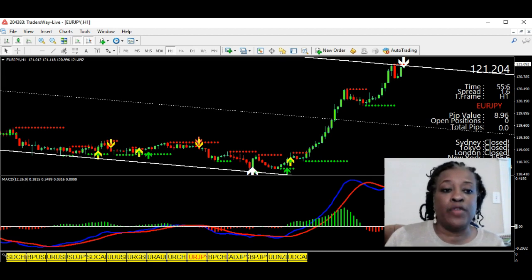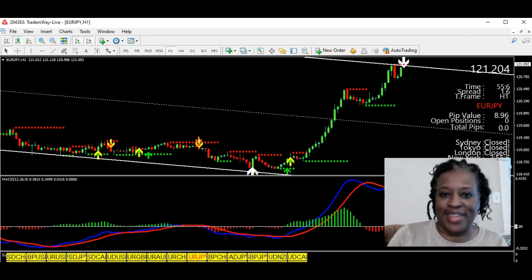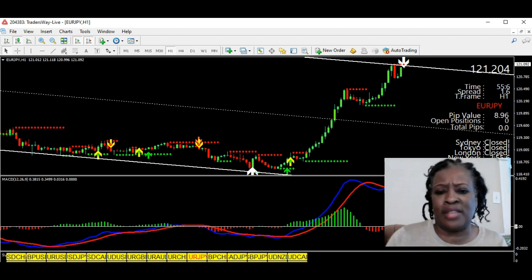And when you have your arrows populate, it gives you a story. It tells you a story of what price is doing. That's very difficult for most traders to be able to identify with the naked eye, right? All of this is included, and some other neat things as well.